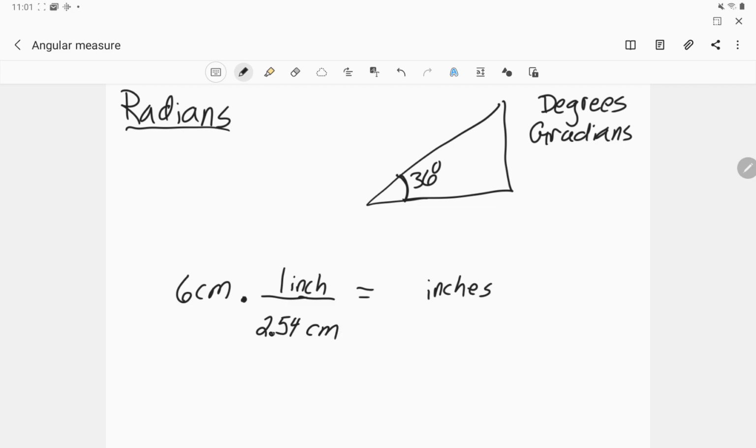The reason why I would put the centimeters on the bottom is because then those centimeter units cancel and all I have left is inches. So in my calculator, I would do 6 times 1 divided by 2.54, and I would get my answer in inches. This is exactly the same idea.